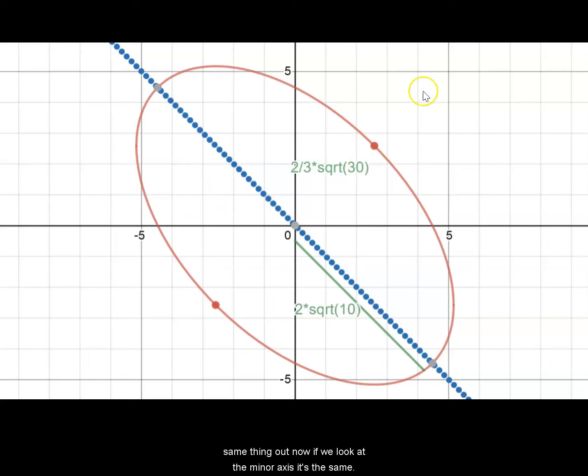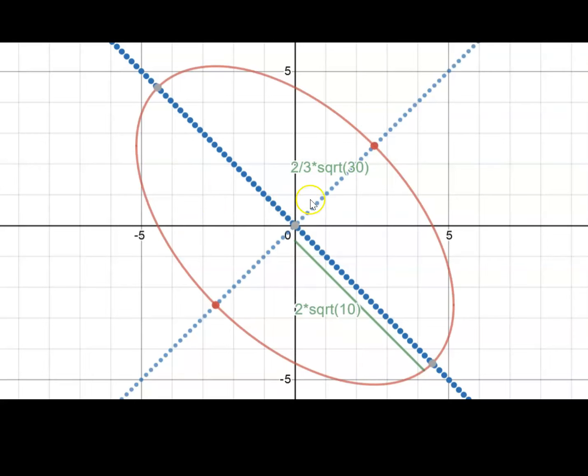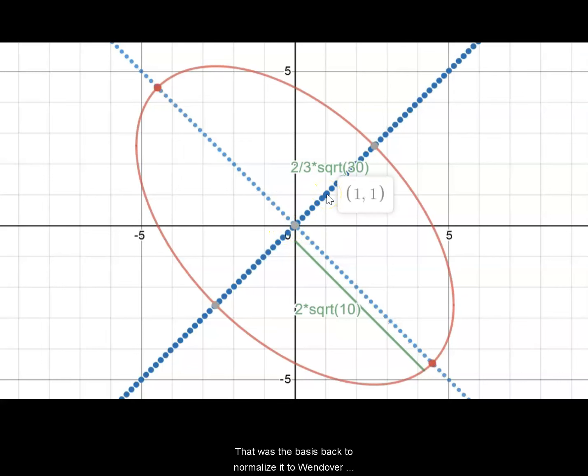Now, if we look at the minor axis, it's the same deal. If you go over 1 and up 1, that was the basis vector. We normalized it to 1 over root 2, 1 over root 2, but if we unnormalize it, it was 1, 1.